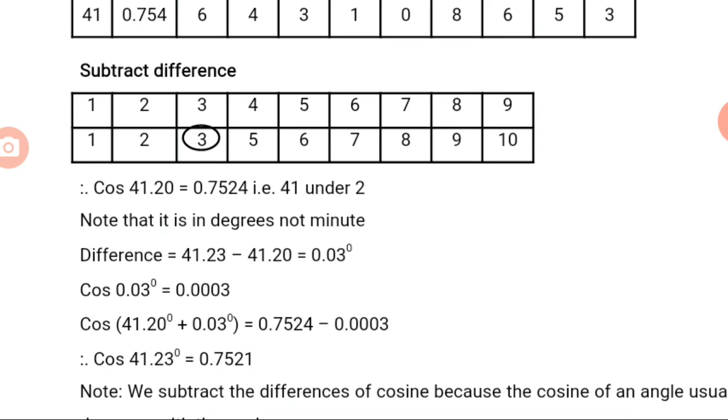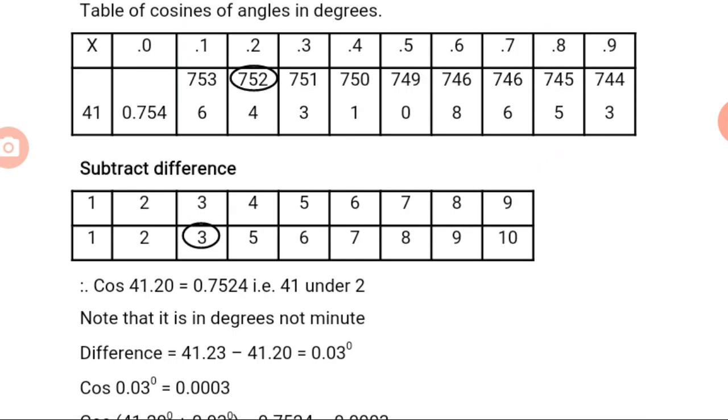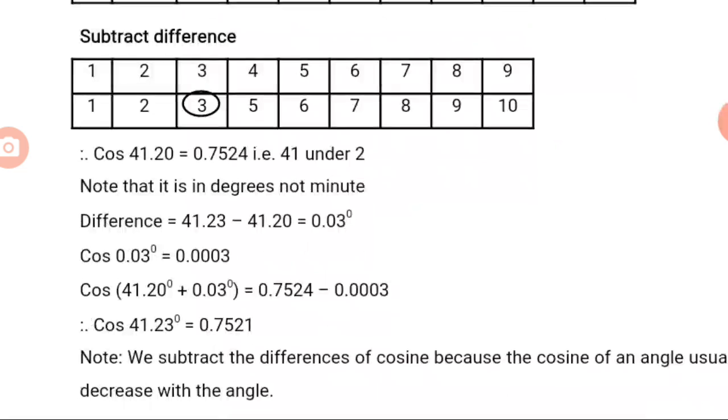0.7524. But the difference of 3 is 0.003. Now, in cos, we subtract the difference. You will see it on your 4-figure table. So we now subtract the difference. When we subtract it, cos 41.23 degrees will give us 0.7521.